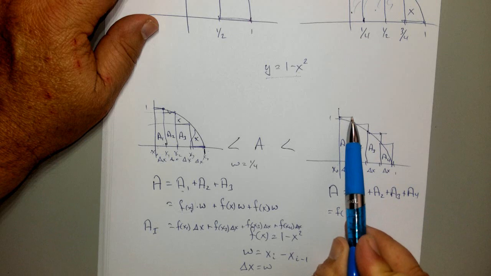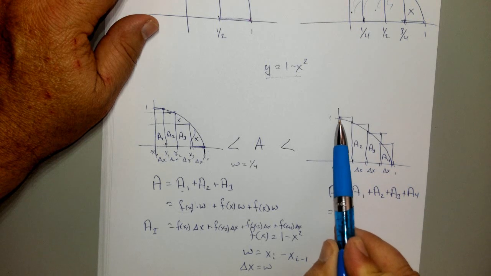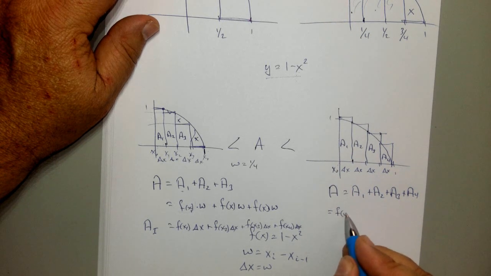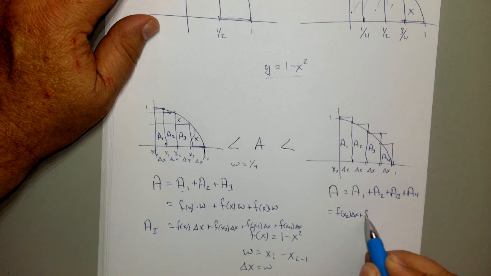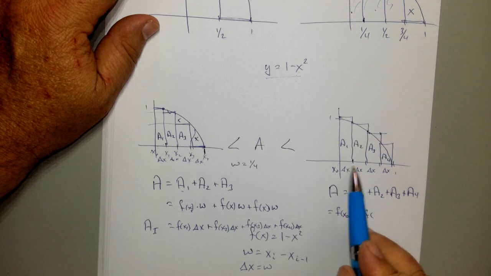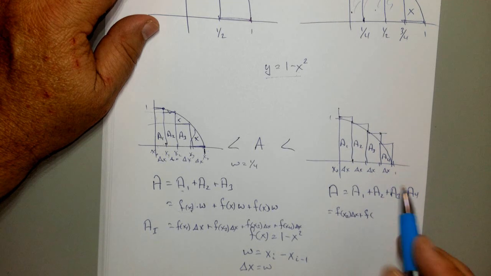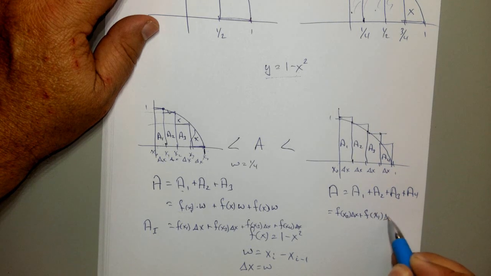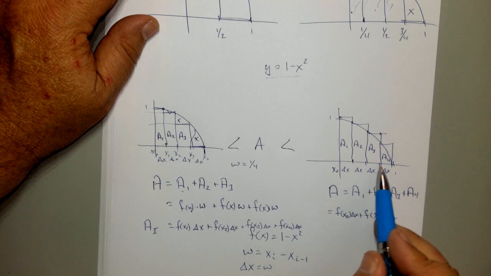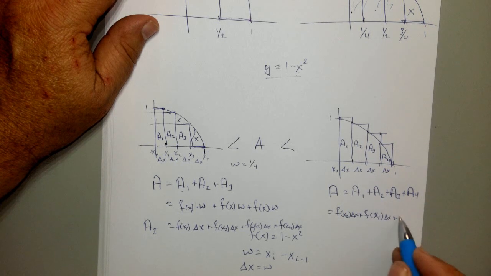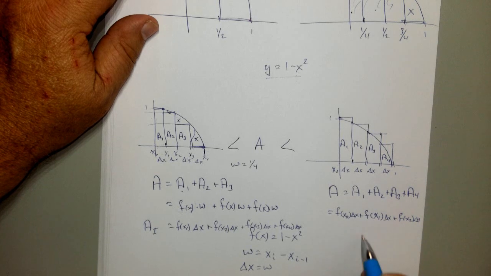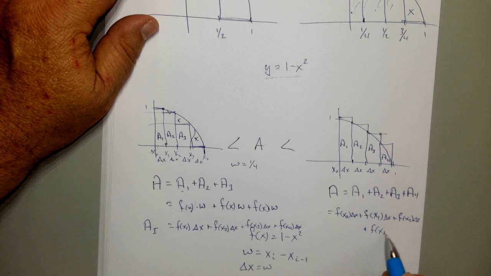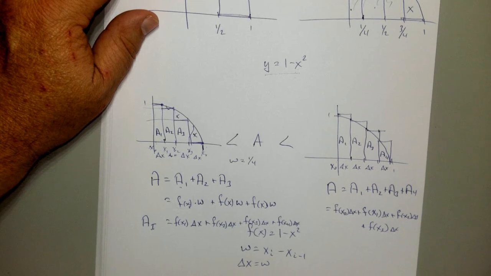This one's out here dangling. So this is the one, that's the input. It's at x0. The next box, where is it touching? At x1. It starts here. So this is f of x1, delta x. The third box starts at x2, delta x. And the last one is f of x3, delta x.